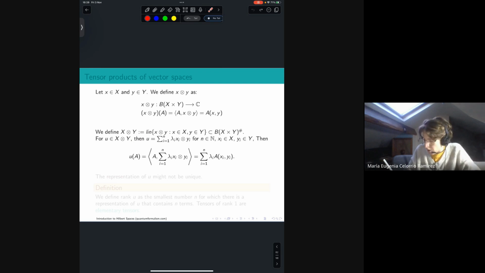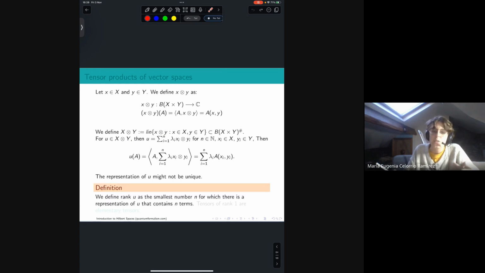This representation might not be unique, and that leads to defining the rank of a tensor u, which is the smallest number n for which there is a representation of u that contains n terms.